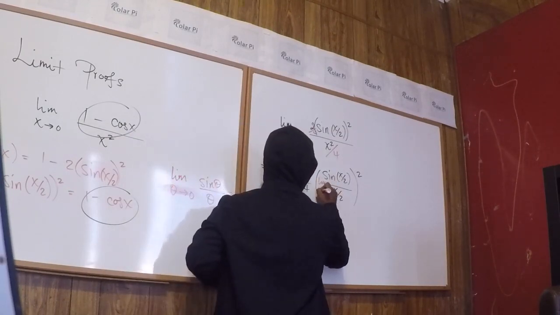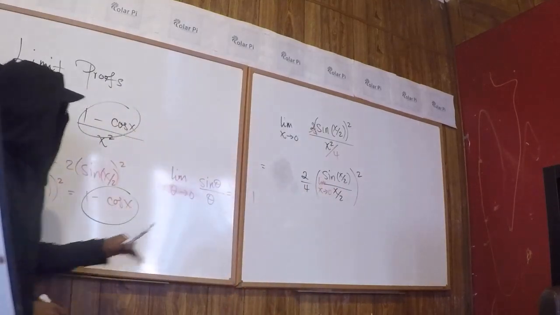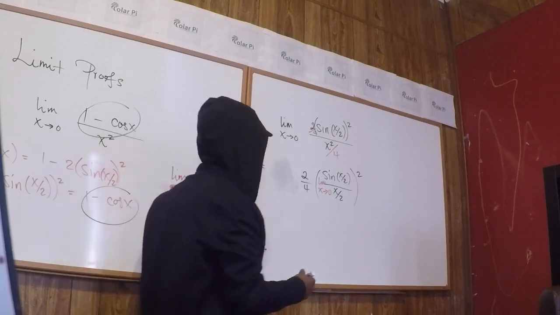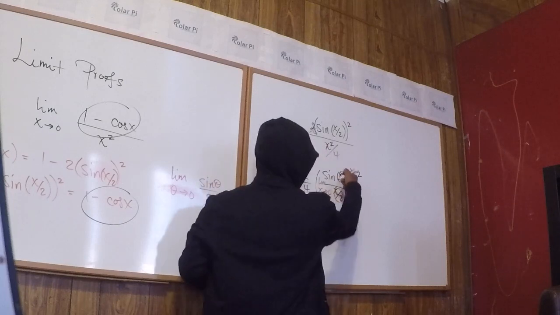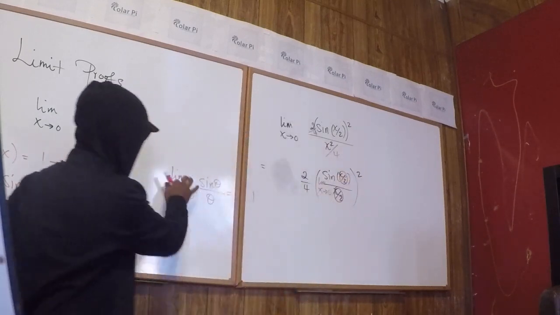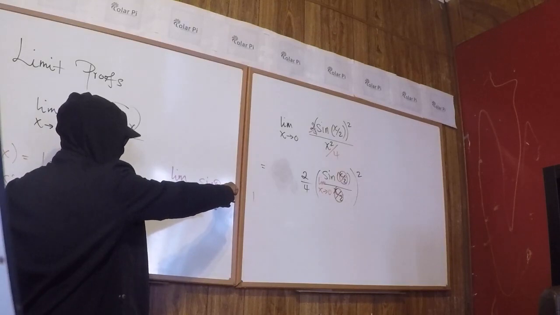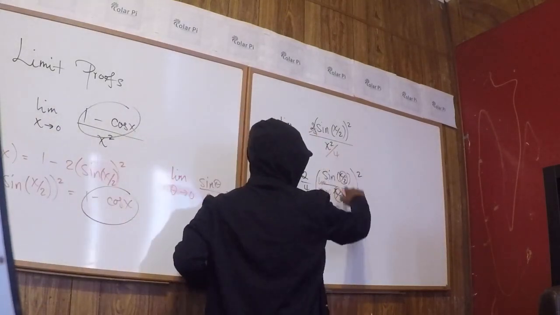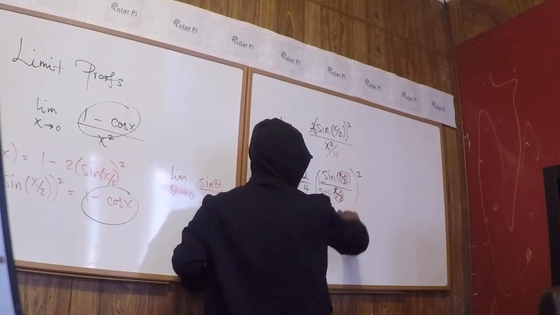And second, having divided by 4 there and there, like predicting the future, now we can say that this is theta. In order for us to use this limit, the argument of sine, whatever theta is, has to be the same as what's in the denominator. That's why we want to divide by 4, because we have x over 2 in the argument of sine, and we have x over 2 here.